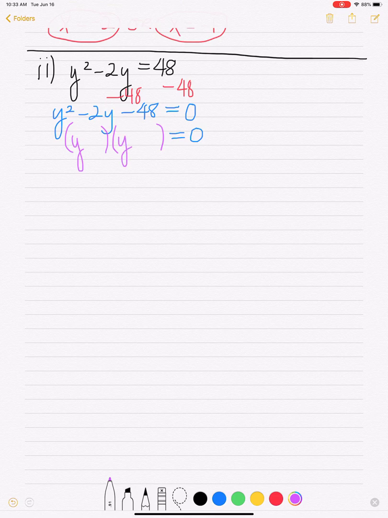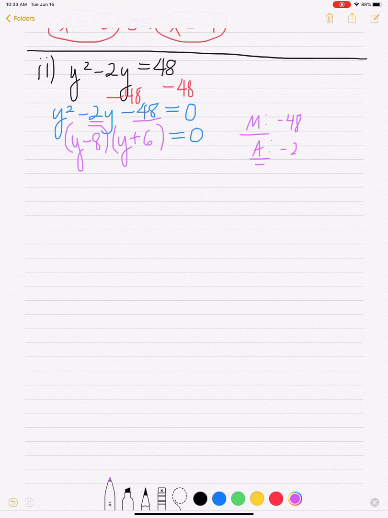And I've got to find 2 numbers that multiply to get negative 48, right? And add to get this middle number here, negative 2. So what 2 numbers do that? Well, negative 8 and positive 6, right? Negative 8 and positive 6 multiply to give me negative 48 and add to give negative 2.